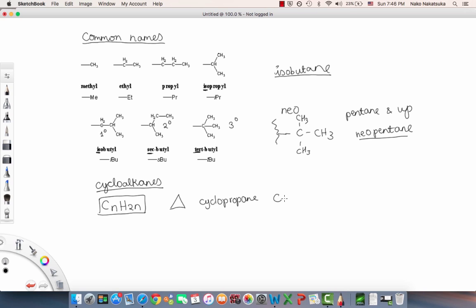And this is C3H6, since the carbons are at each of these corners, and so we have two hydrogens per corner. So we have C3H6. Another example is this square, which is cyclobutane. And this is C4H8.